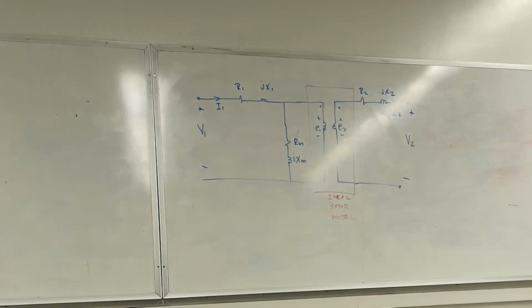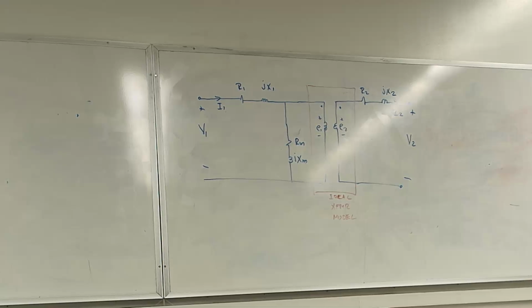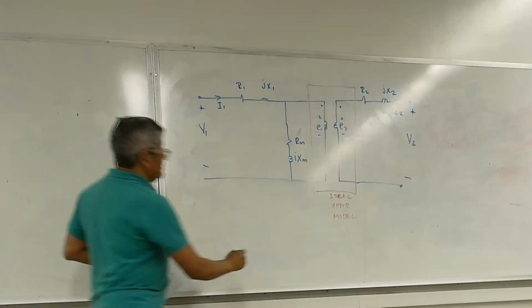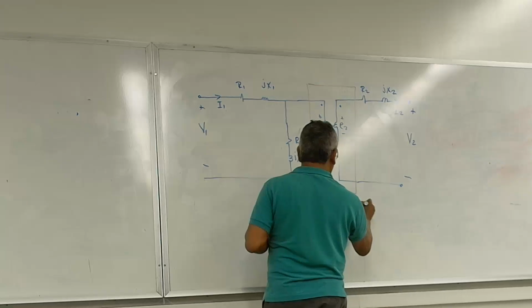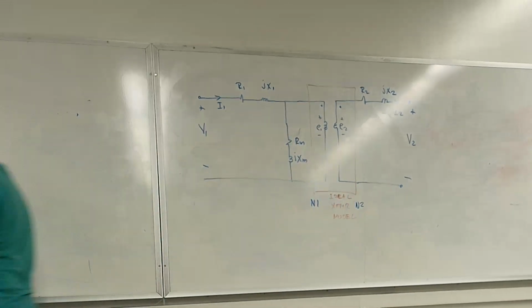Let me write that down. Did I write everything? Oh, forgot one thing: N1, N2, the turns ratio.